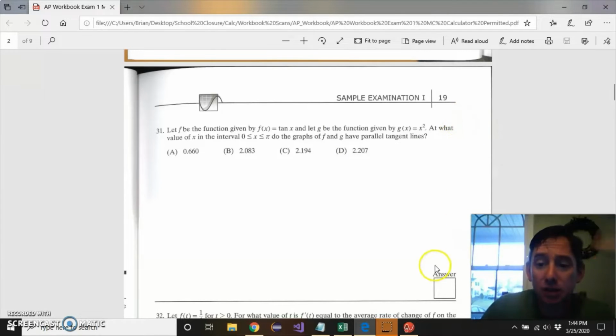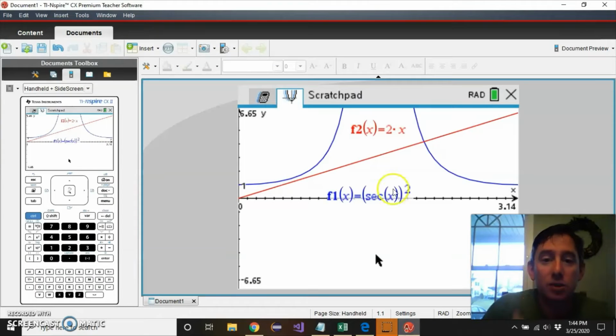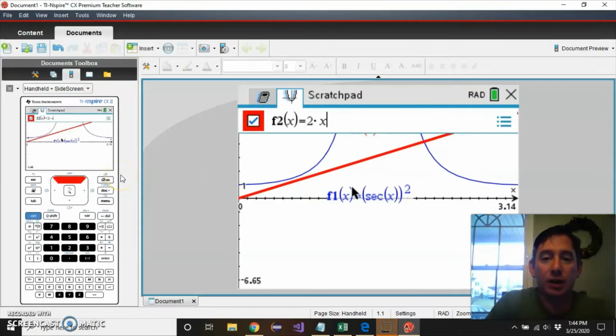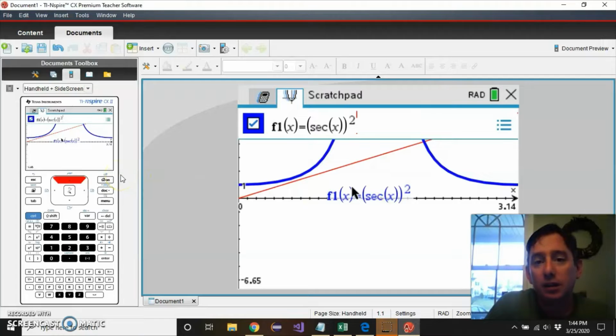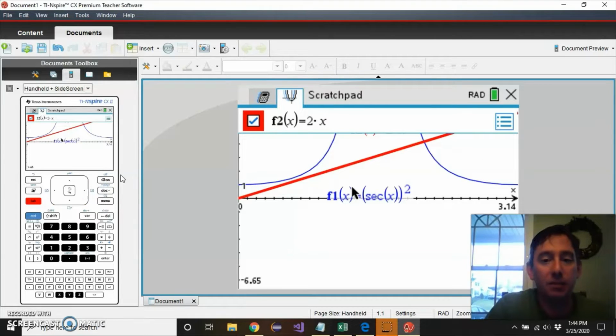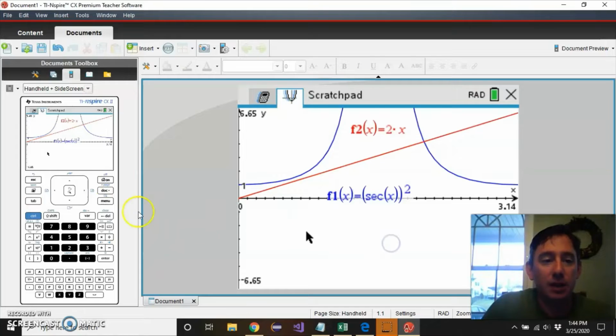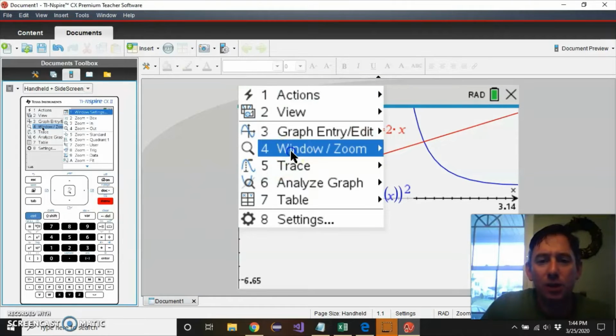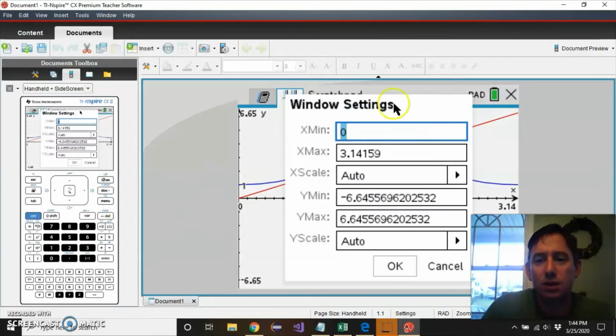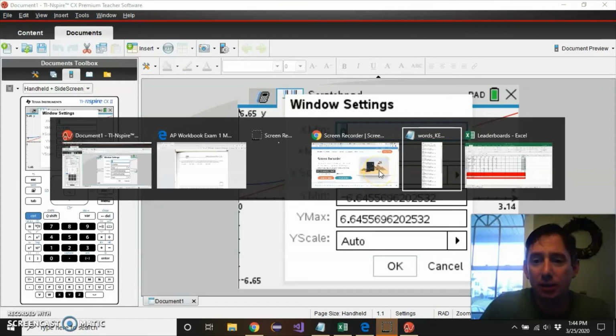But since I'm allowed to cheat and use a calculator, I'm just going to jump ahead and do that. I just graphed secant squared and 2x. That's f prime and g prime. Graph those, and I also narrowed my window to just 0 to pi, since that's what we're looking at, right?